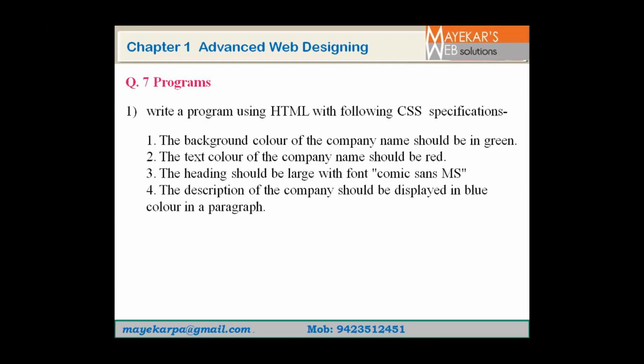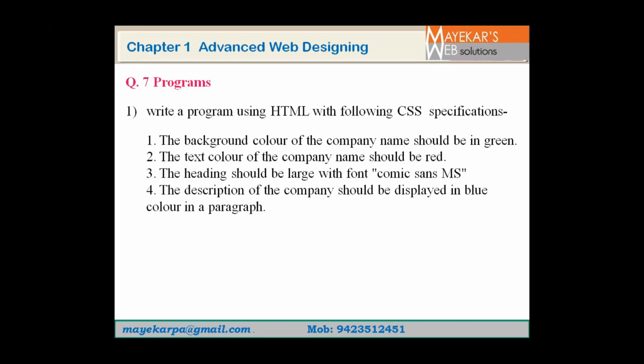So here is the first specification. It says the background color of the company name should be green. Second specification says that the text color of the company name should be red. Background color should be green and the text color should be red.